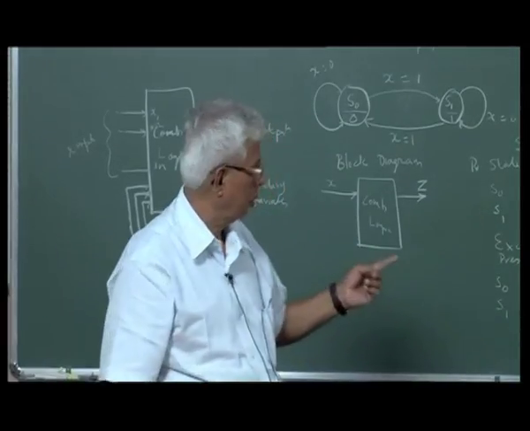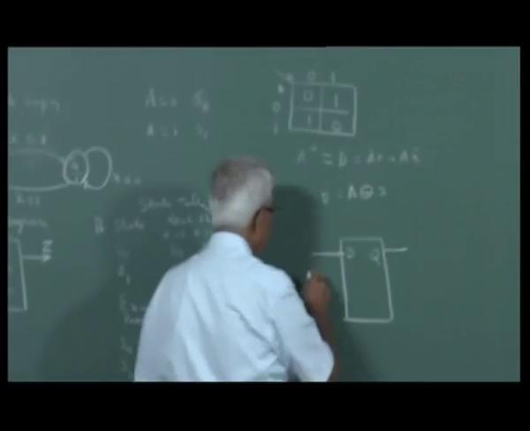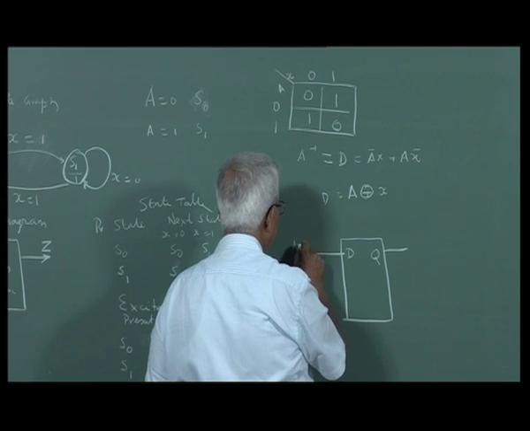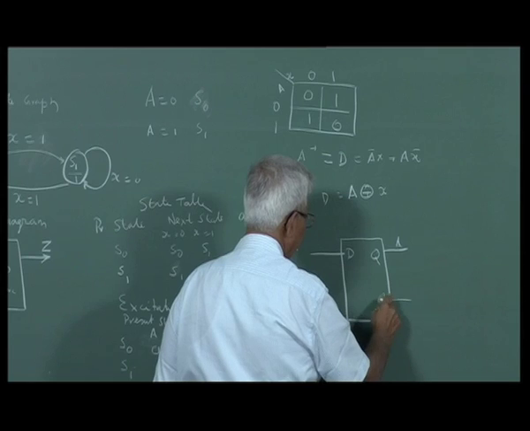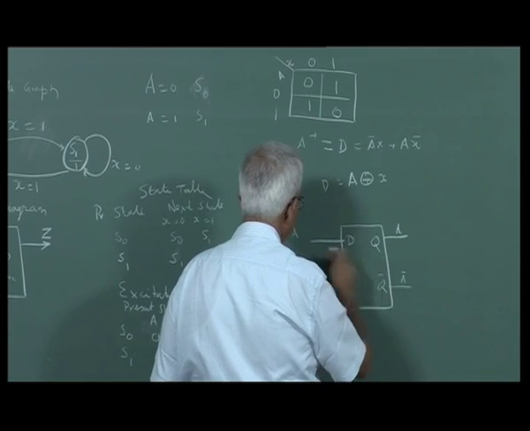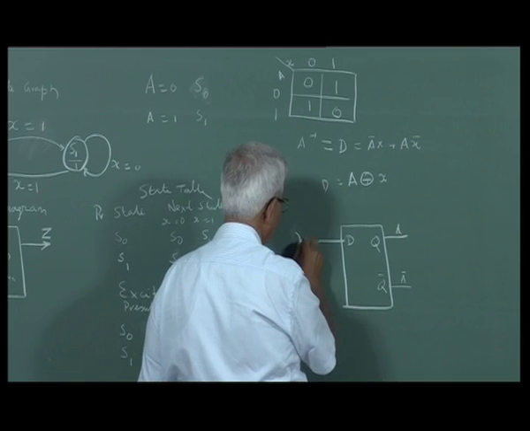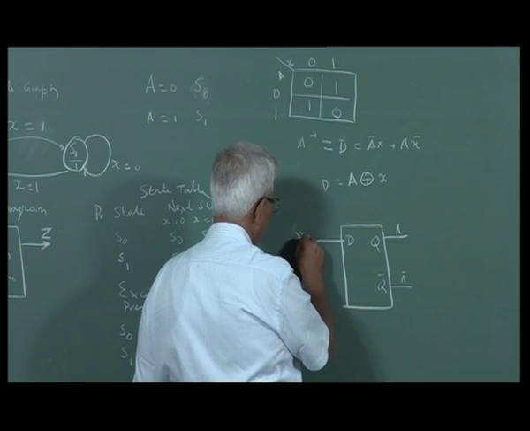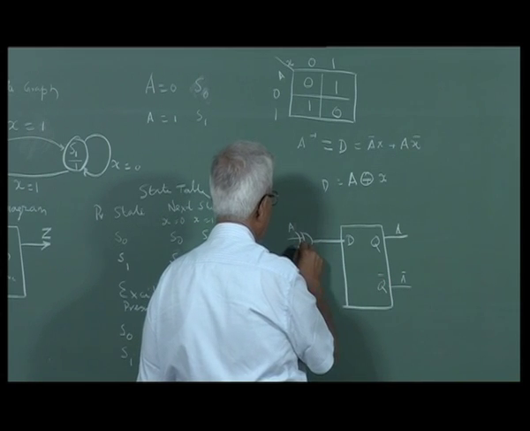So, I will draw this like this. Now, this is x, which is A plus, this is A bar. So, this is A, this is x.